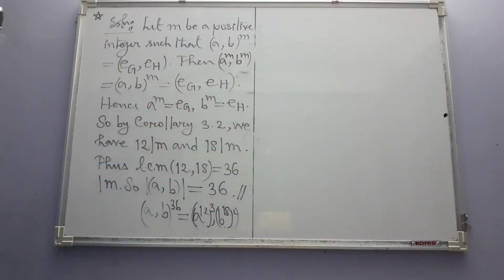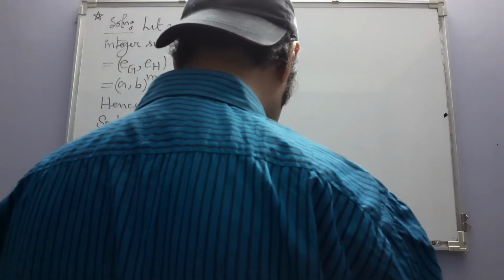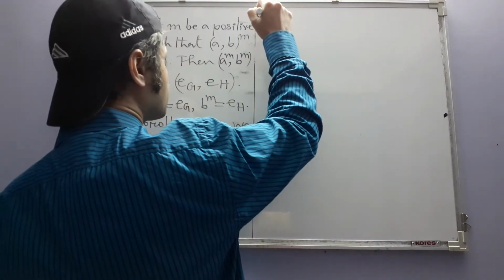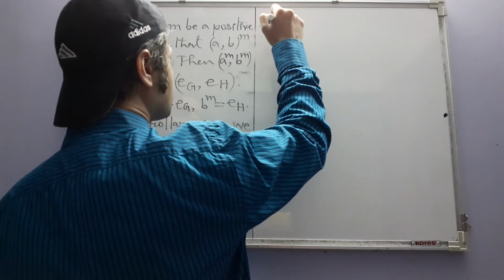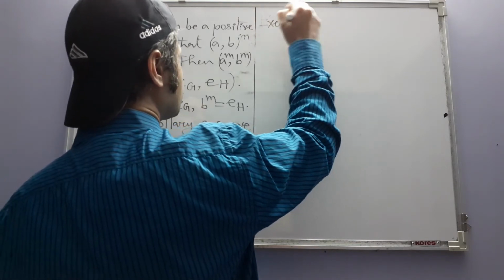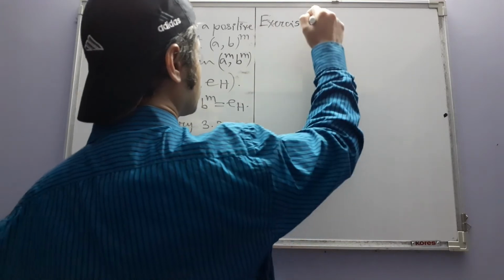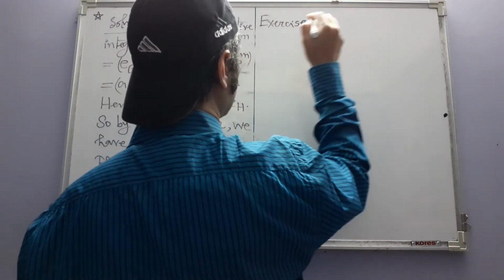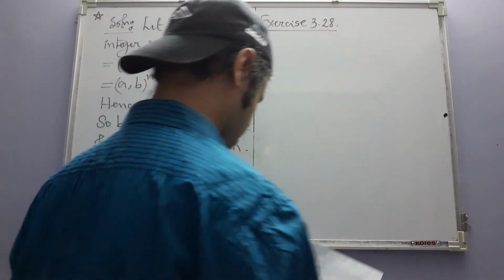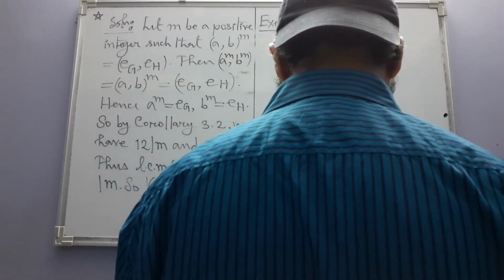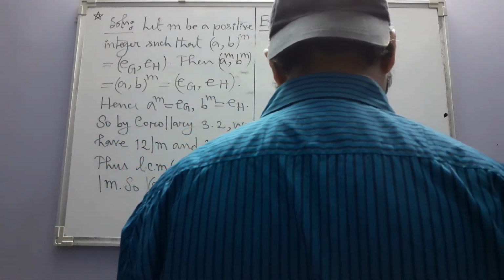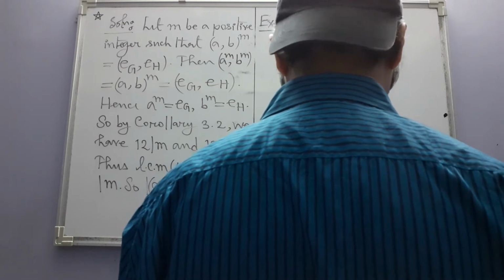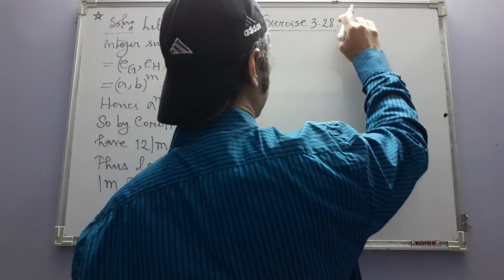Next, let A and B be elements of odd order in a group. This one is interesting.